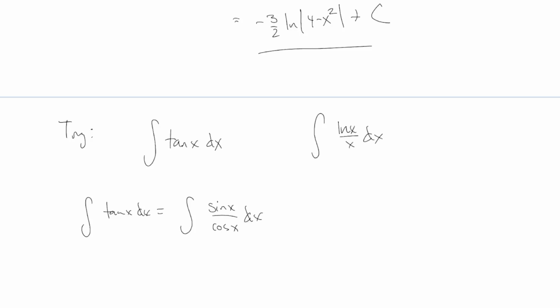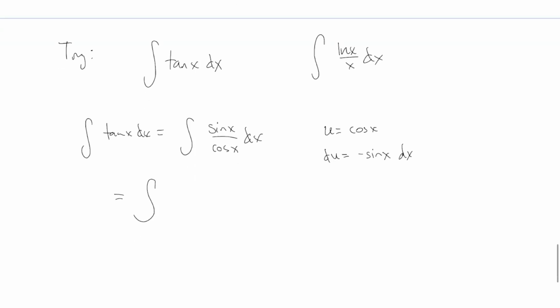I hope everybody remembers that. Once you make that fraction, it should occur to you to do a u substitution using u as the thing on the bottom. So u is cosine x. That means du is the derivative of cosine, which is negative sine x dx. The integral turns into sine x on top and u on the bottom with a dx.